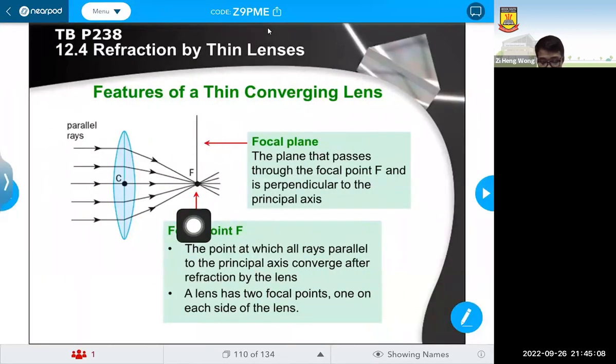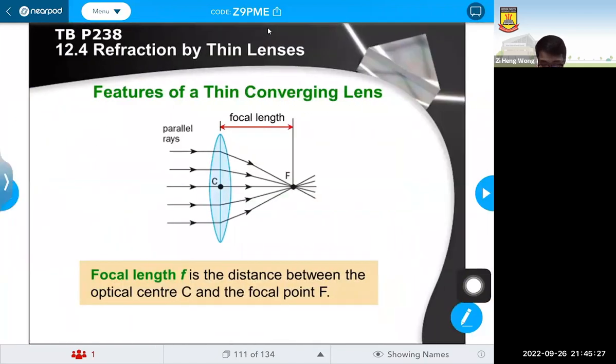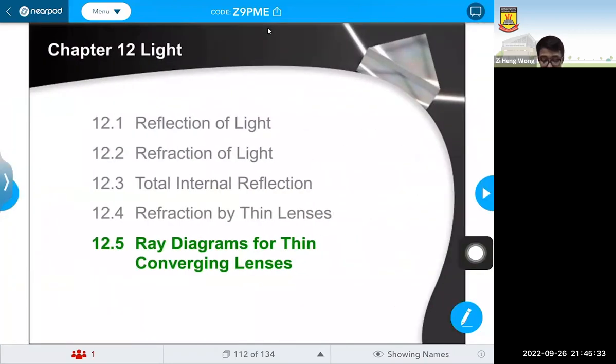This surface along the focal point is what I call the focal plane. Just imagine I put a piece of screen over here, that'll be my focal plane. The focal point is the exact point at which all the light rays parallel to the principal axis will converge after they pass through the lens. This is the focal length, the distance between optical center and focal point.